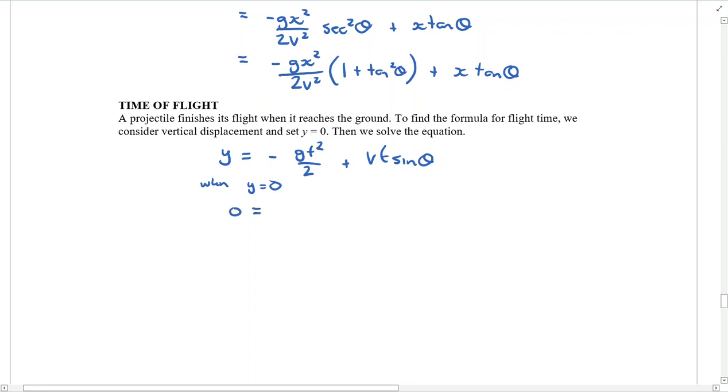That's 0 equals minus gt squared over 2 plus vt sine theta. I'm going to factorize the t. Don't divide it because technically you lose a solution when you do that. So if I factorize the t out, I get negative gt over 2 plus v sine theta.